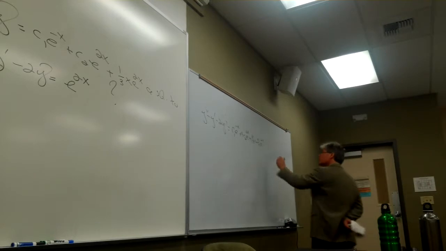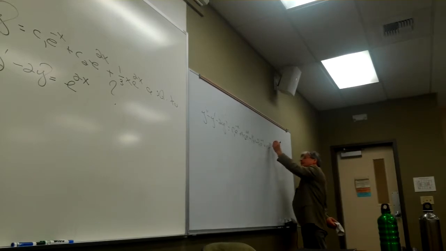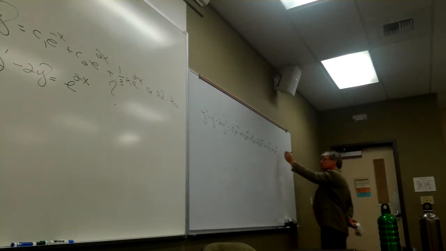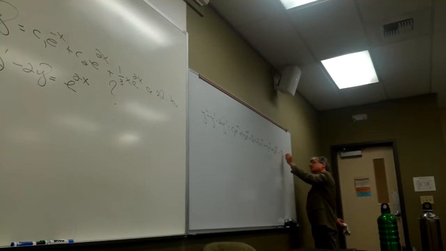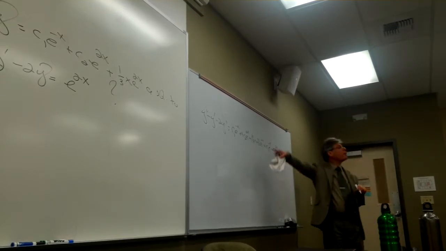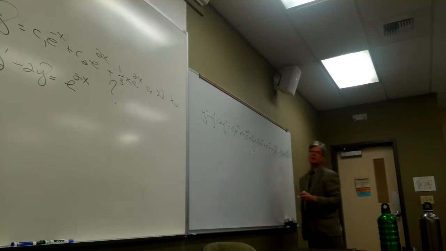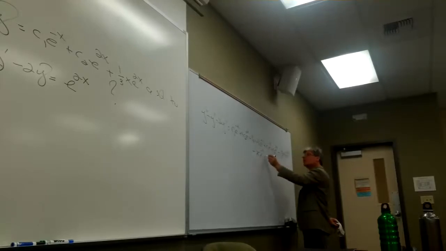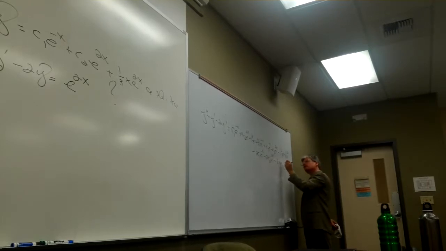But isn't that a plus? c1 e^(-x) minus 2c2 e^(2x), minus 2/3 x, plus 1/3. Oh, I missed my minus 2y. So that'd be a minus of 2c1 e^(-x), minus 2c2 e^(2x), minus 2/3 x e^(2x).